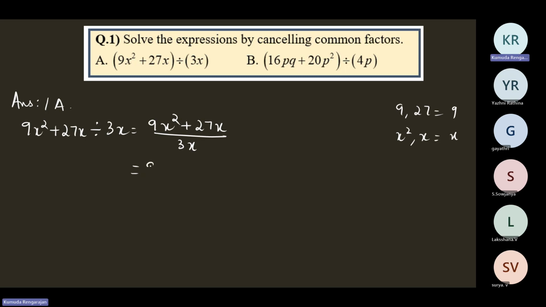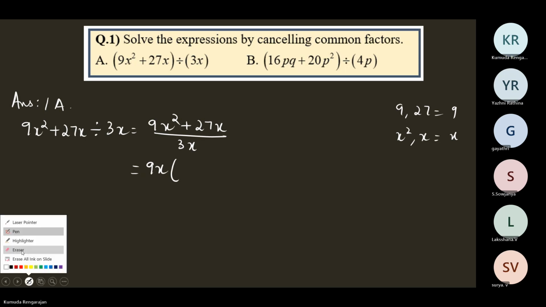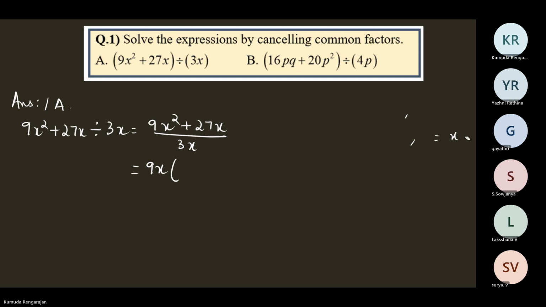So 9x. In the bracket, what are the terms? X plus 3. Very good.